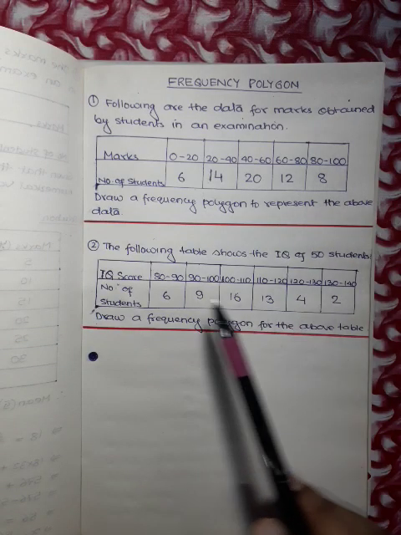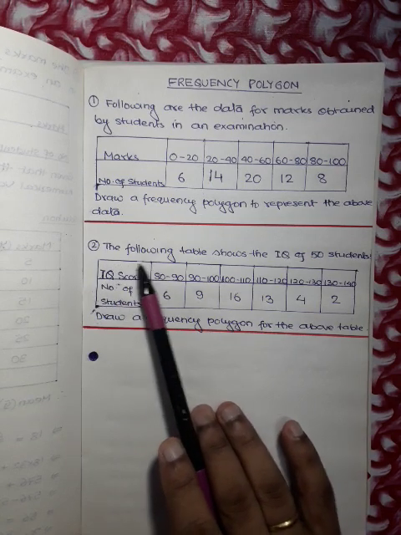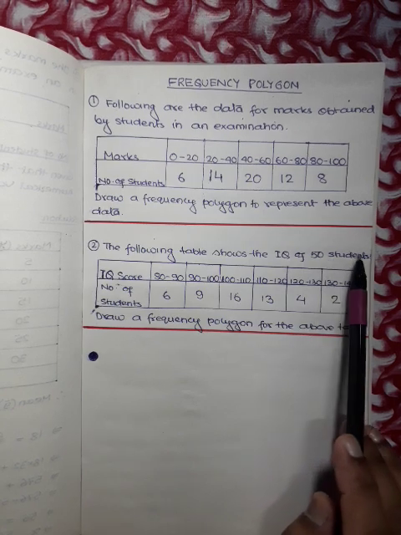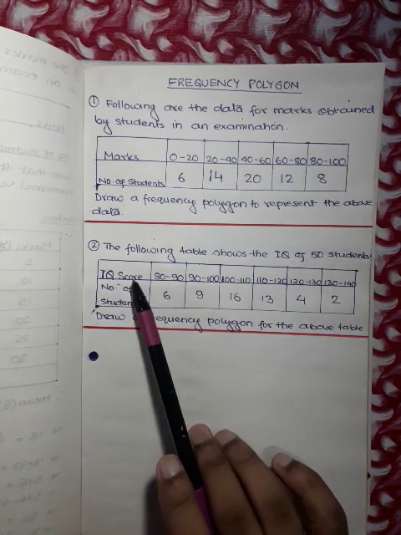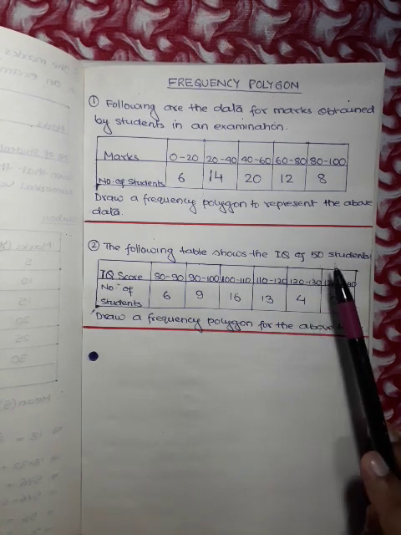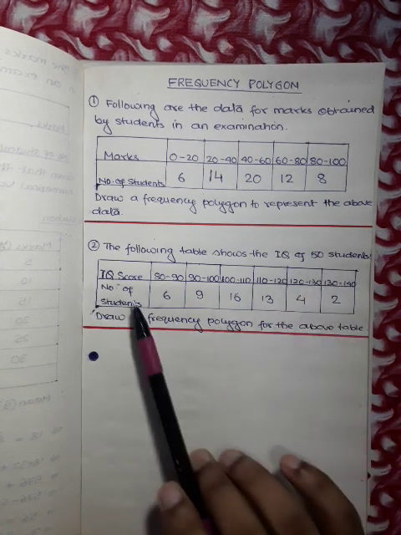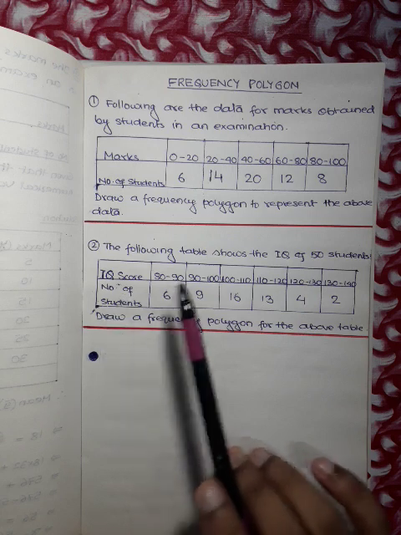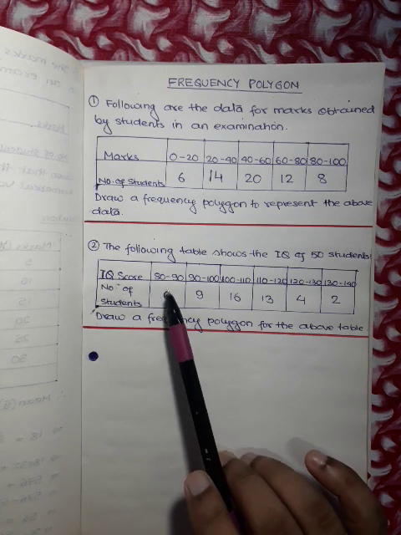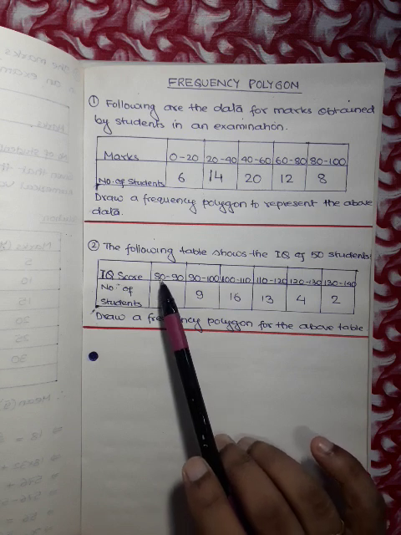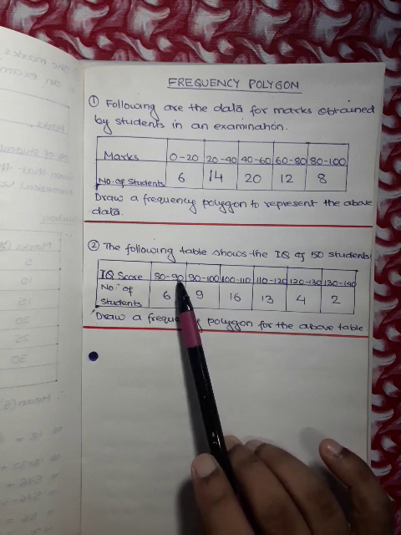Now dear students, you can see in question number 2, the following table shows the IQ scores of 50 students. That means 50 students are there and someone is conducting their IQ test. From the table, 6 students have scored between 80 to 90.